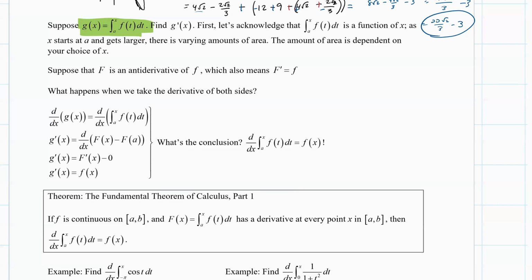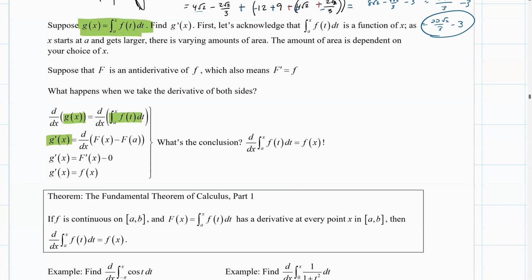So I should be able to take the derivative of that function of x. So let's try that. Let's say these two things are equal to each other, and I want to find out what g prime is. Take the derivative of both sides. Left-hand side, easy. It's g prime.